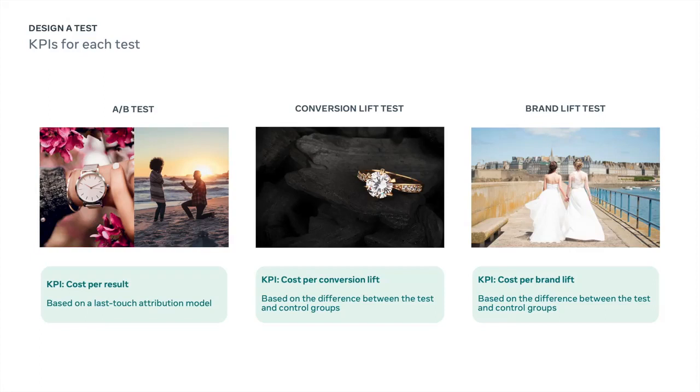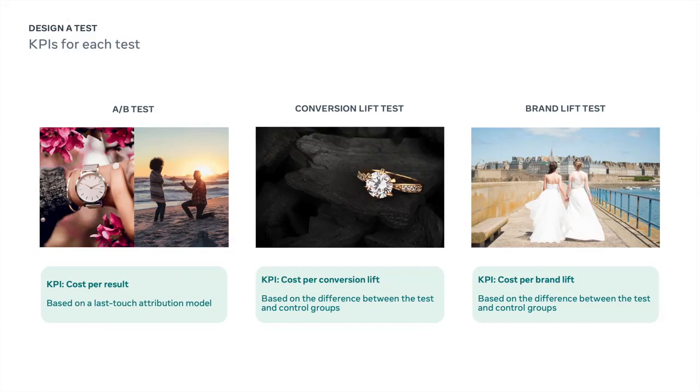A conversion lift test measures the incremental conversions your ads generate at either the account or campaign level. The KPI is the cost per conversion lift based on the conversion difference between the test and control groups. In other words, how many more conversions did your campaign lead and what was the cost of each additional conversion?